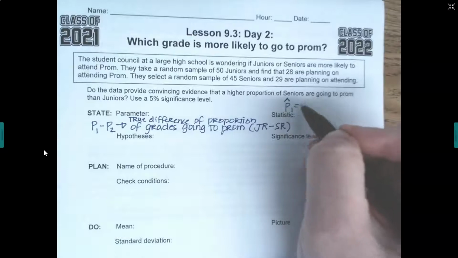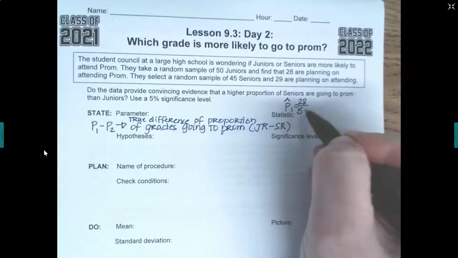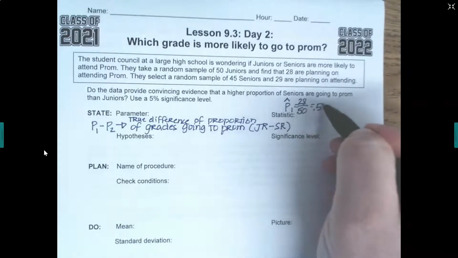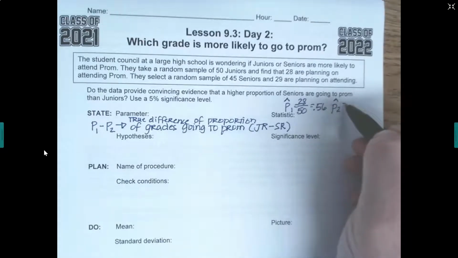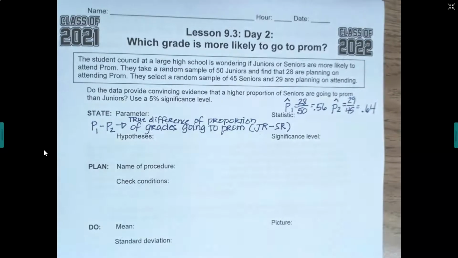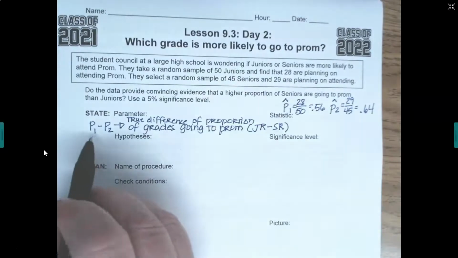For the juniors, there were 28 out of the 50 who said they would be planning to go to prom, for a proportion of 0.56. And for our seniors, there were 29 out of the 45 who said they were planning to go to prom, for a proportion of 0.64. So those are our p hats for juniors and seniors, and we want to know the difference.